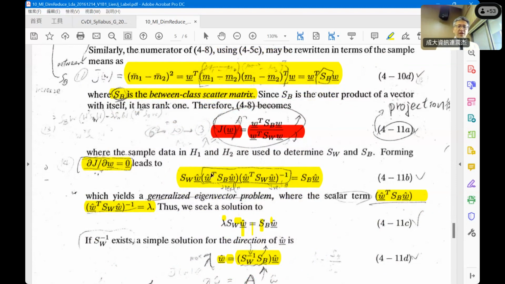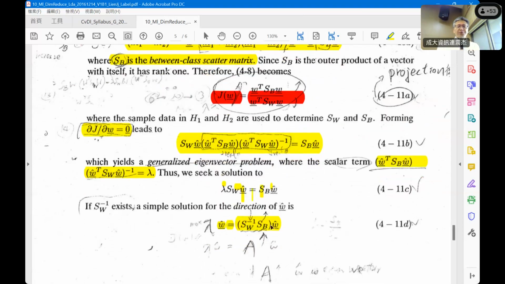This term actually equal to this term, and this term is a constant term. So we assume this constant term to be lambda. So this equal to lambda times SW times omega equal to SB times omega. And we move the non-term input term to shift SW here. So this input term is lambda. So we'll find out this one can solve by singular value decomposition.